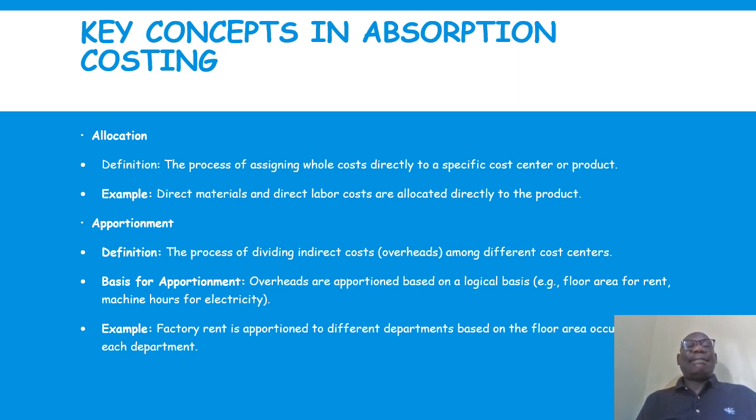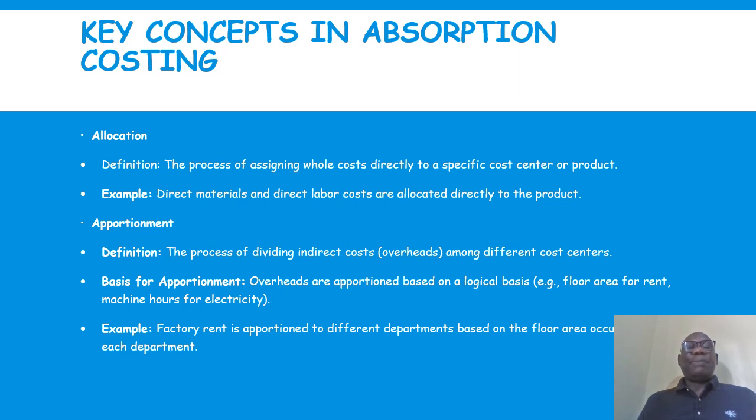Allocation is essentially the process of assigning whole costs directly to a specific cost center or product. And examples which we can cite in this regard would include direct expenses, direct materials, direct labor costs, which of course are allocated directly to the product.